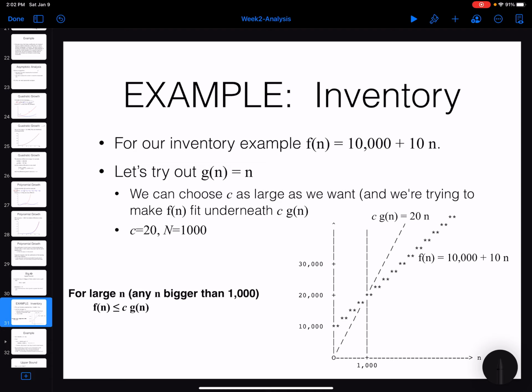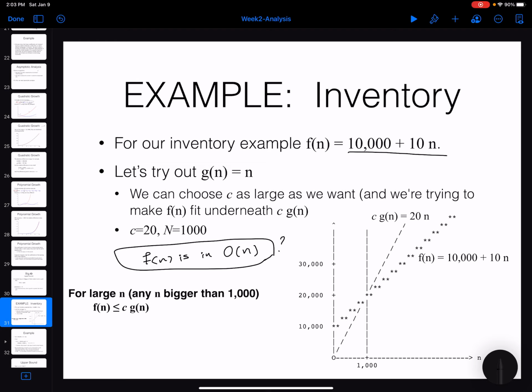Let me show you some examples. In that example of the inventory store, remember we found the time function to be something like this. I can say that f of n is in big O of n. Or basically I can say that the time complexity of the algorithm that we wrote for the inventory store is in big O of n.